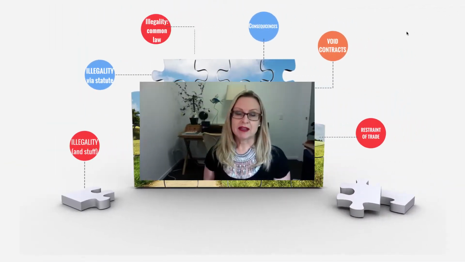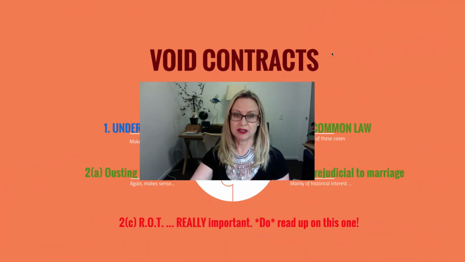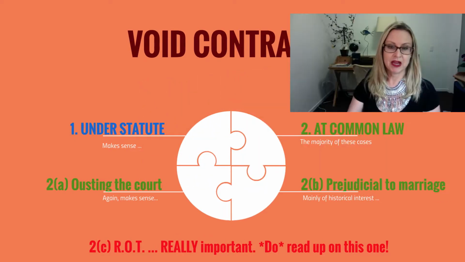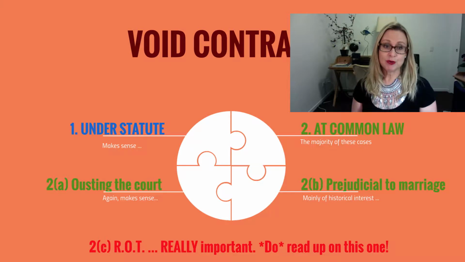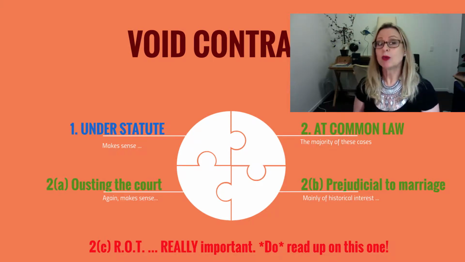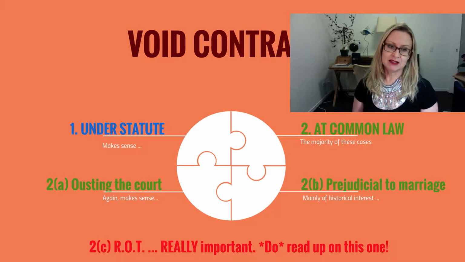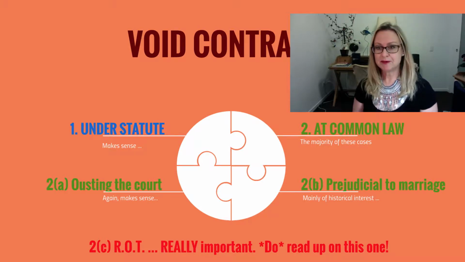So here we are back at our presentation, and we'll have a little look here at void contracts. As you'll see again, there's 4 pieces to this puzzle for what we're going to talk about. And the issue of void contracts under statute is pretty simple, but we'll make short work of that in a minute.